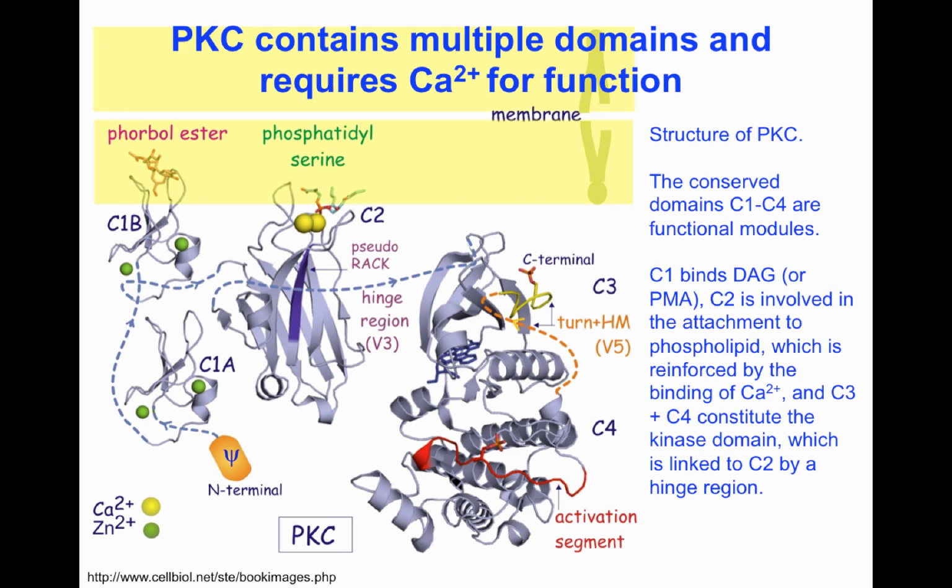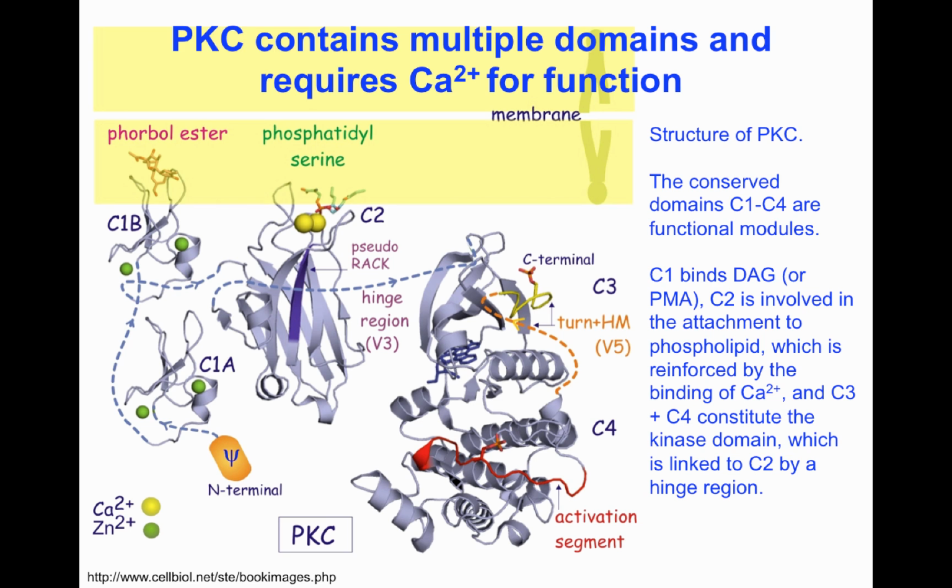Now, protein kinase C is a molecule that has multiple domains, and it requires calcium. So here in this image, what we have are the domains that are present in protein kinase C. Let's look at the 4 domains that are present that form different functional modules. The C1 is a domain that is able to bind to diacylglycerol. C2 is the domain that is able to bind to phospholipids, helping it stay on the membrane.